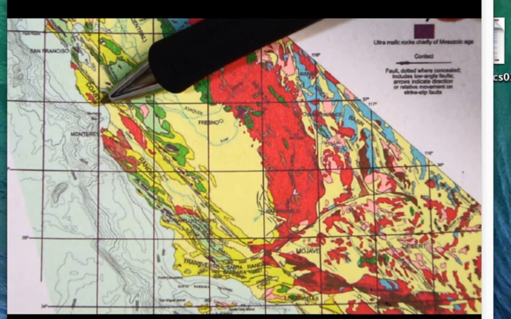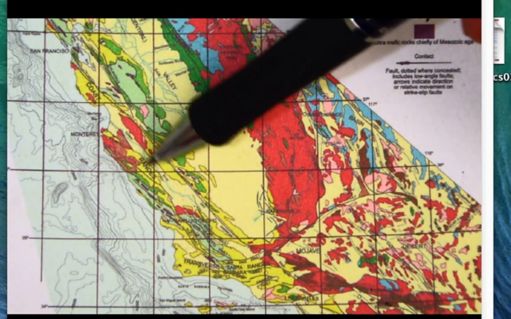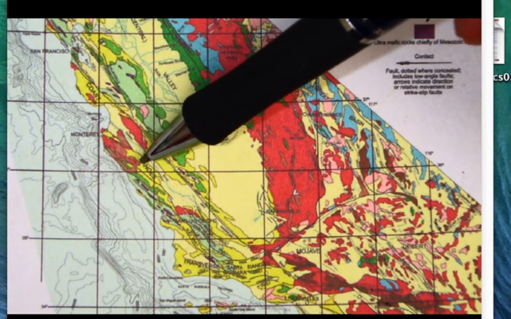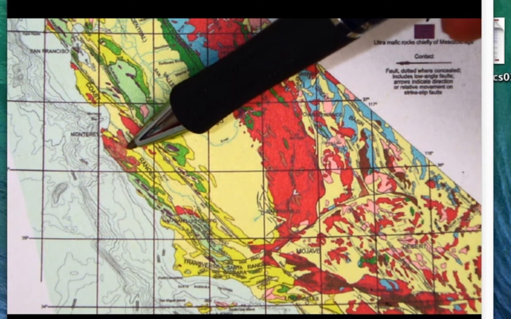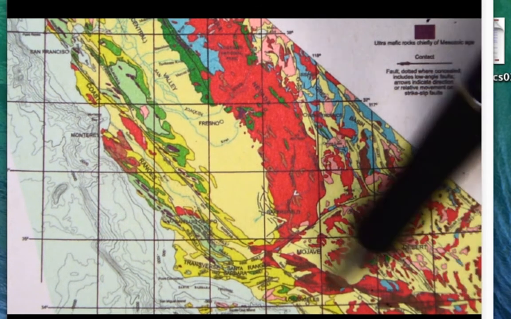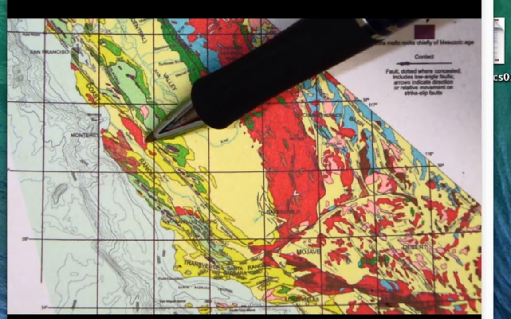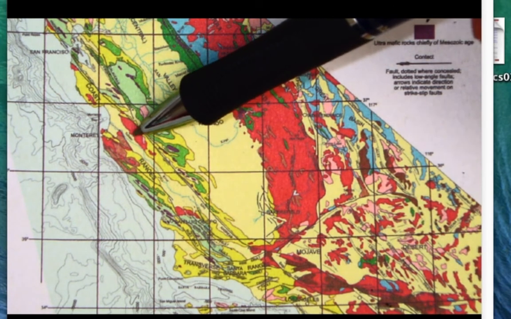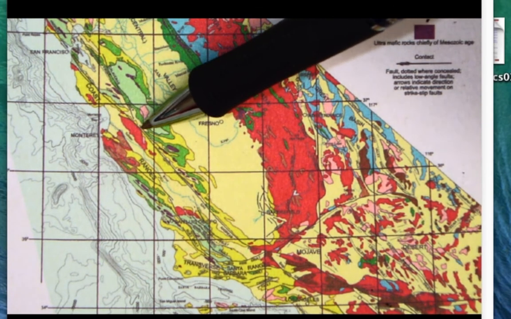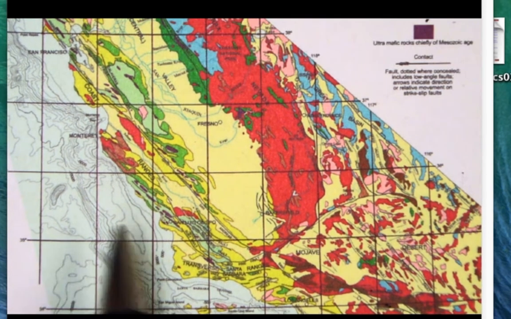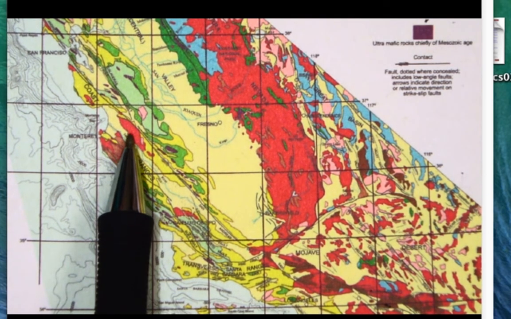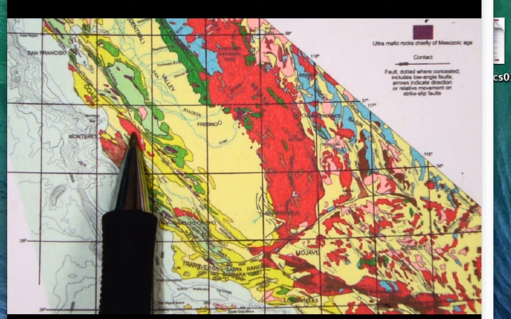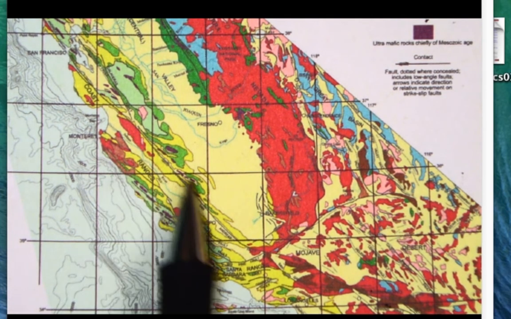All right, so how do we get these Sierra Nevada granitic rocks plus associated roof pendants in the coast ranges? Well, it has to do with the San Andreas Fault. One thing about the San Andreas Fault is, if you were here in the Gabilan Range facing the fault, to get to where the Sierra Nevada granites are exposed along the fault, you would have to step far to the right.